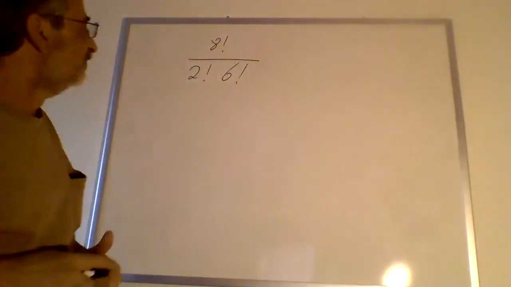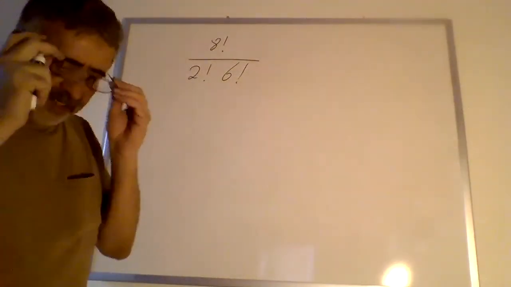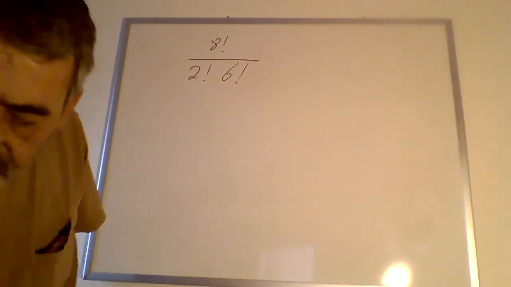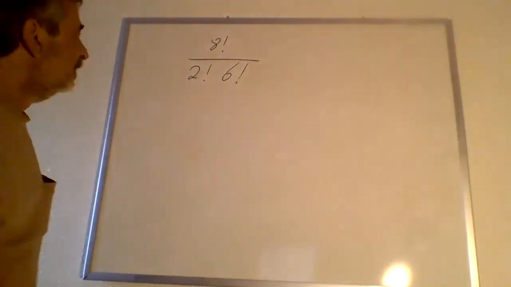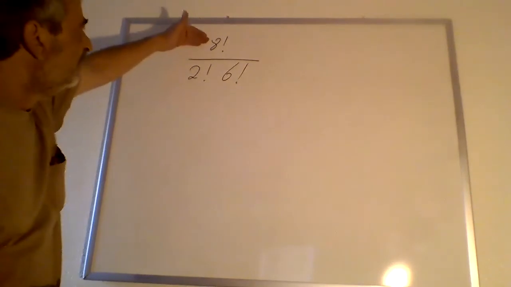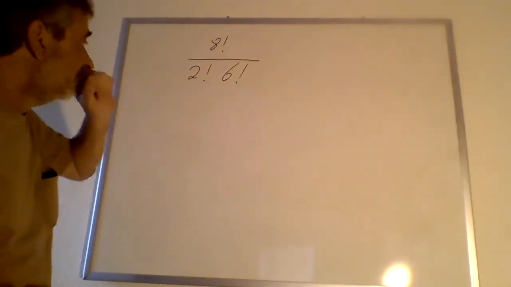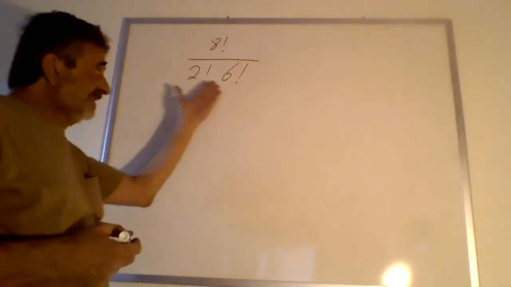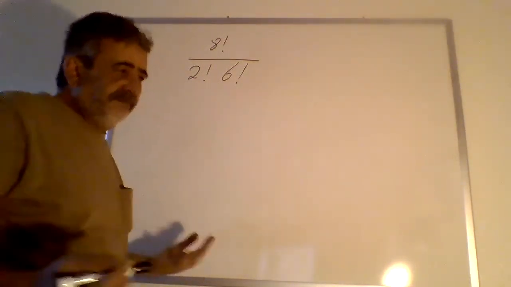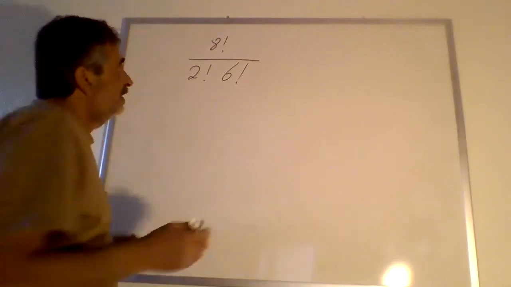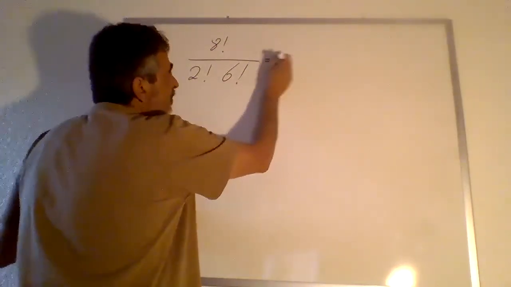How do I simplify this without the use of a calculator? Well, simply now, notice we have 8 factorial on top, we have 2 factorial, we have 6 factorial. And by the way, that does not equal 12 factorial. You can figure that out by yourself and see how it goes.